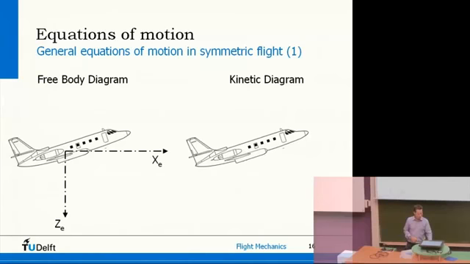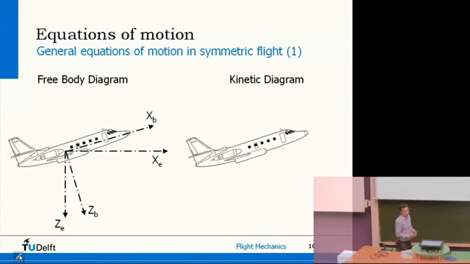Now, if you have an aircraft on the left, and we start looking at the free body diagram first, then you have to define some axis systems. So there's a moving Earth axis system, which has the same orientation as the Earth, and is fixed to the aircraft.